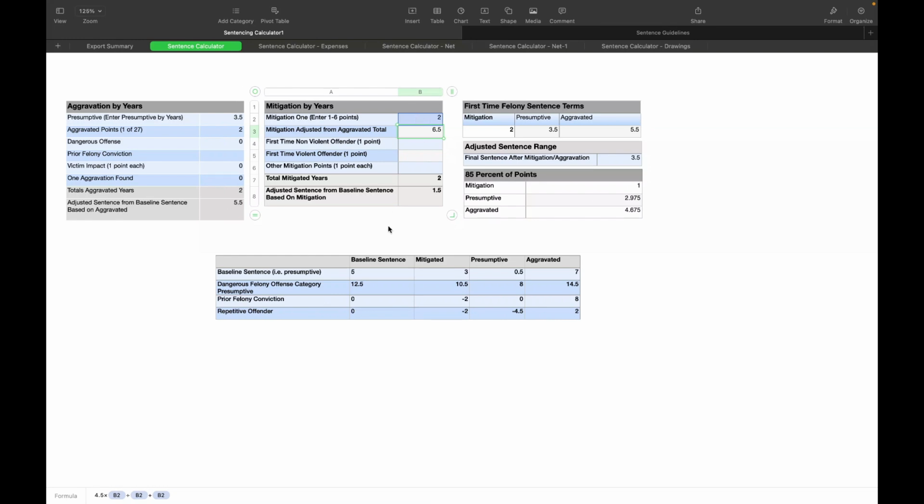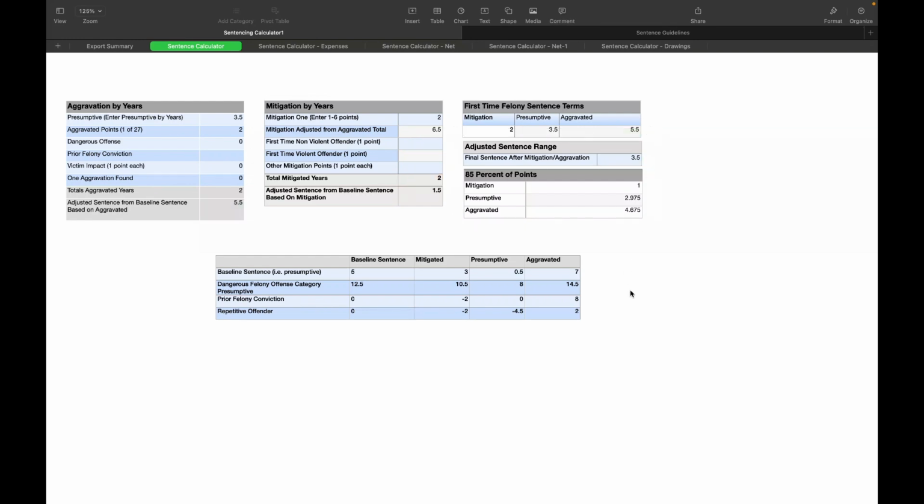With mitigation and those factors, his sentence could go as low as 1.5 if mitigation was found. With mitigation and aggravation, his sentence is 3.5.